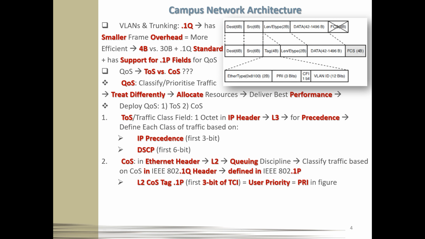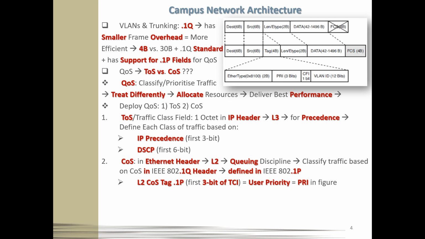So it is used by .q VLANs in order to prioritize traffic according to the kind of VLANs. So when switches want to select which VLAN traffic should be prioritized, they use the 802.1p field, priority or user priority, that I just spoke of.